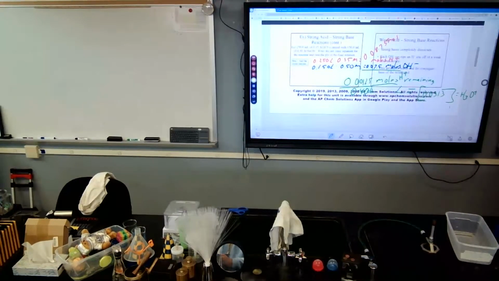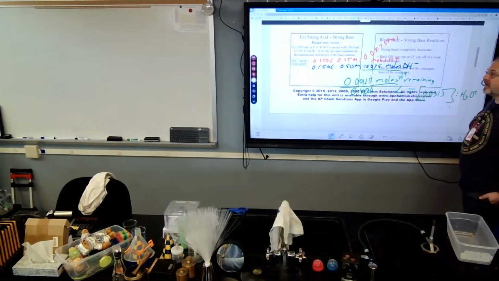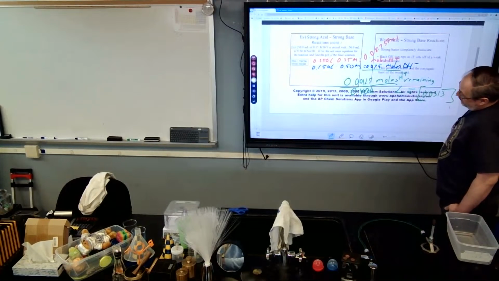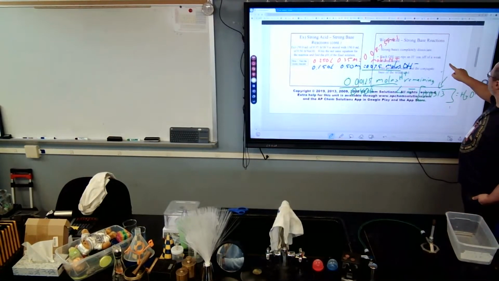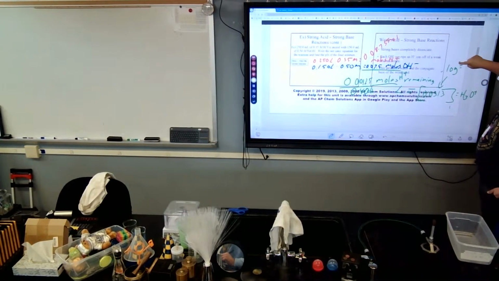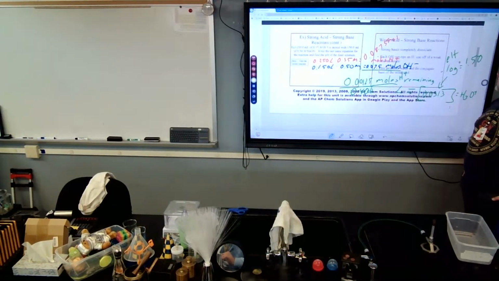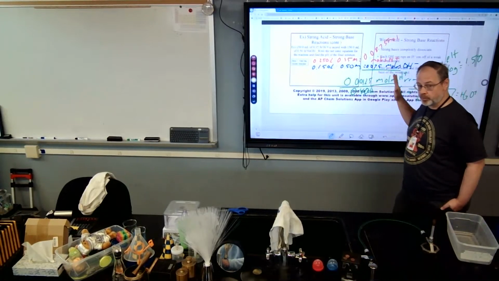Now that we know the concentration of hydronium, we can find the pH and the pOH if we want to. Take the negative log of this, and we'll have our pH. 1.50. All right, cool. Sounds good. Okay, so rust off. Ready to move forward? Any questions before we move forward?